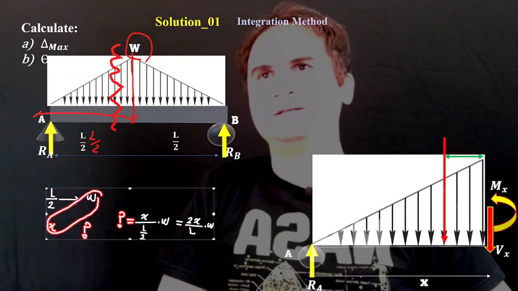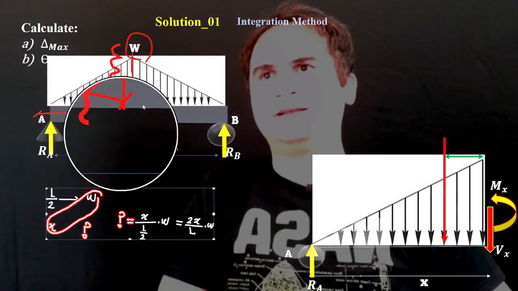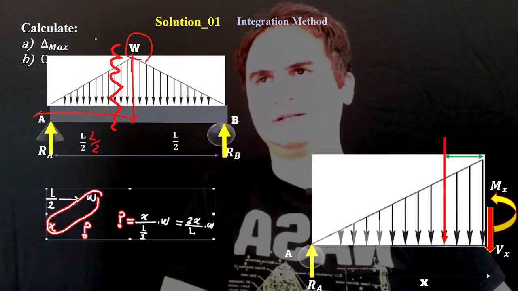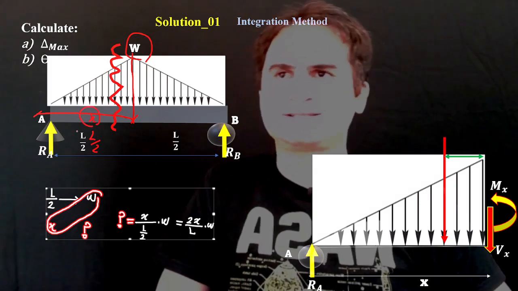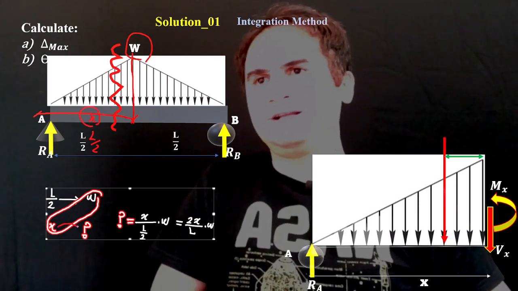You can easily see that at x equal to L over 2, half of the length. So let's cut the beam at an unknown length x and find the intensity there.